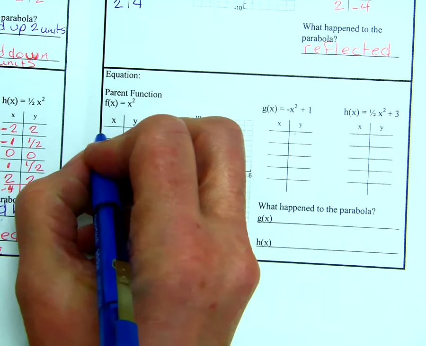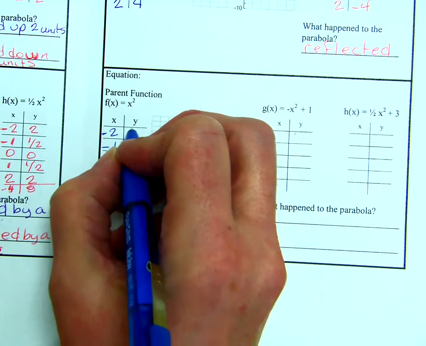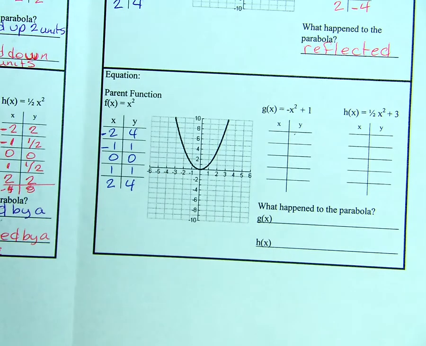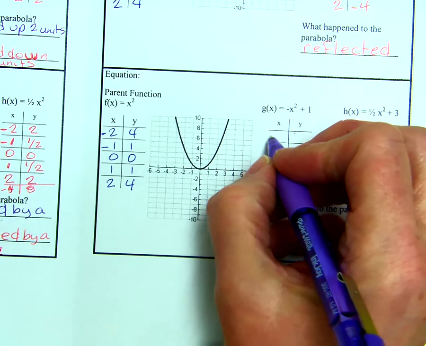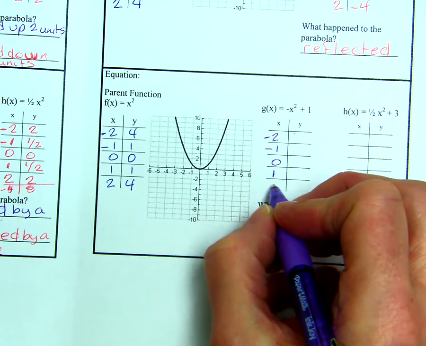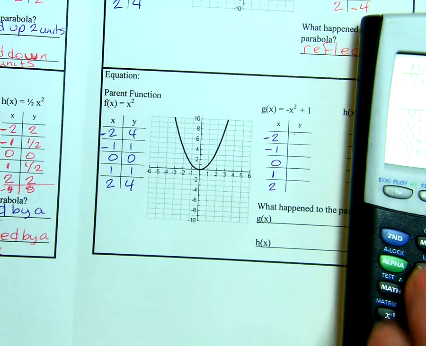Again, the parent function, we're going to use -2, -1, 0, 1, and 2. So we can get those filled in here. For g of x, again, we're going to use the same numbers so that we can get a good representation. And we can put this into the calculator. We have -x² + 1.